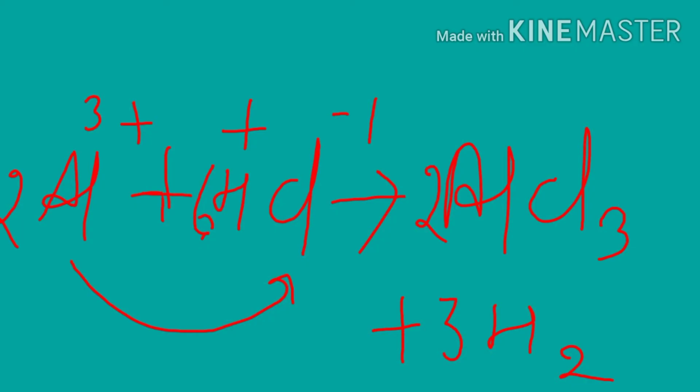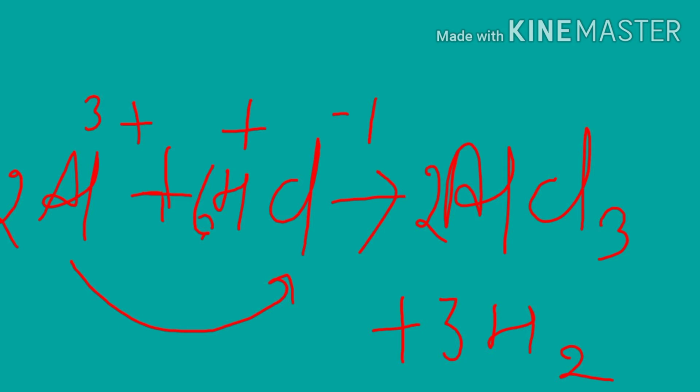Students, you have already studied in your previous class about the valencies of the elements and how to frame the formulas of compounds. So we already know that the valency of aluminium is 3. So you can see here aluminium has the valency 3.